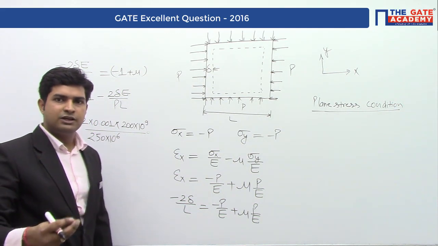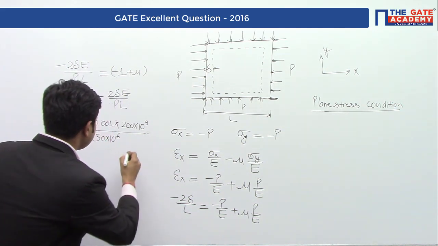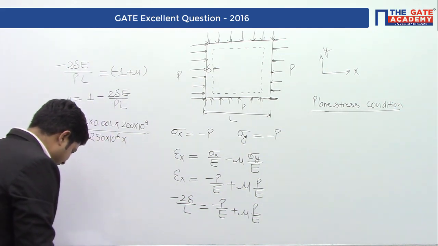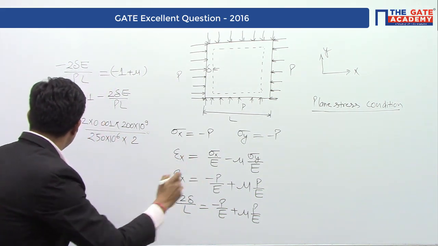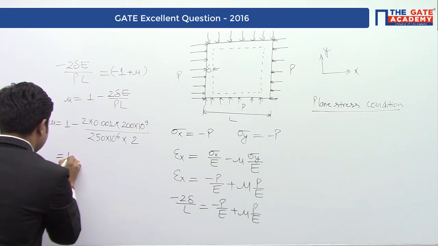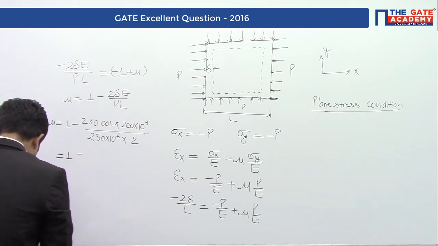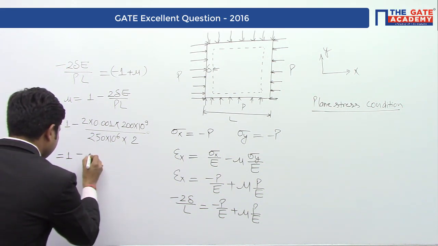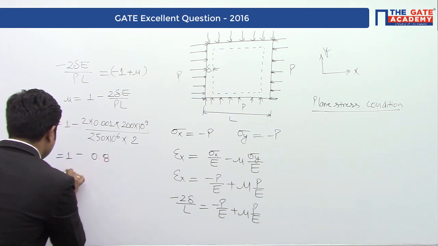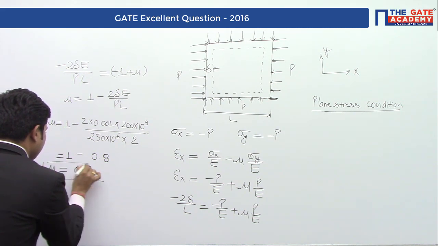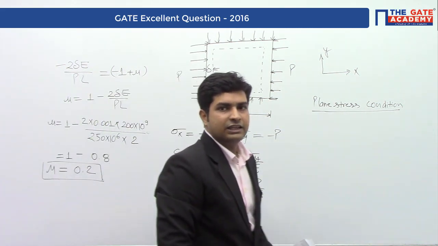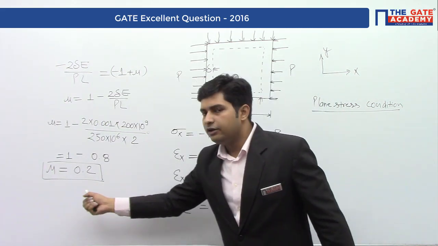We have to put the values in SI units. The length is given as 2 meter. Now, just solve this, and by solving this we get the value of mu equals 0.2.